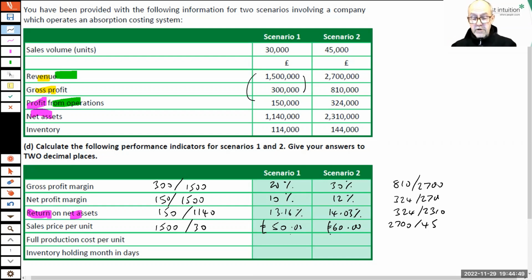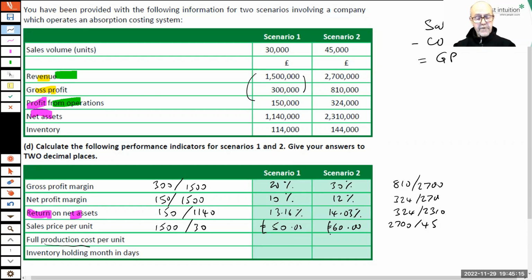Full production cost per unit. So our production cost now, full production cost isn't given, is it? But let's think how it works. Sales minus cost of sales equals gross profit.